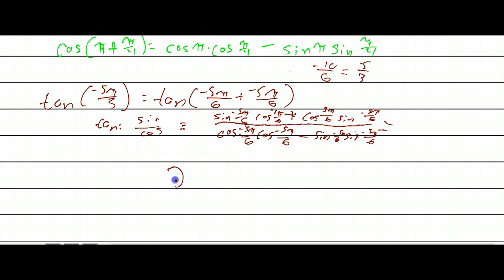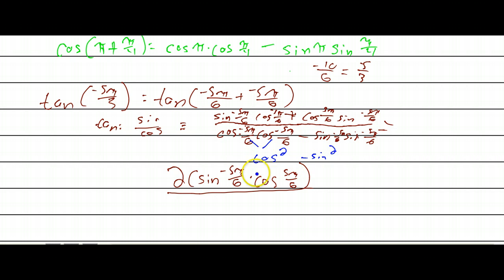This would be the same thing as saying 2 times sine of negative 5 pi over 6 times cosine of 5 pi over 6. And then this here is essentially just cosine squared. And then this would be minus sine squared.